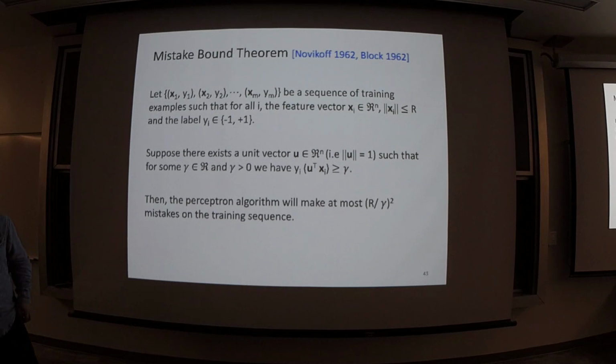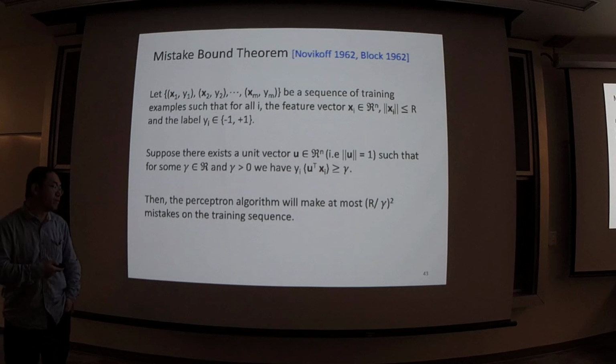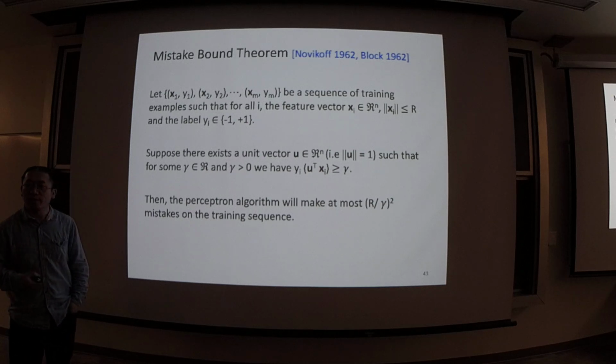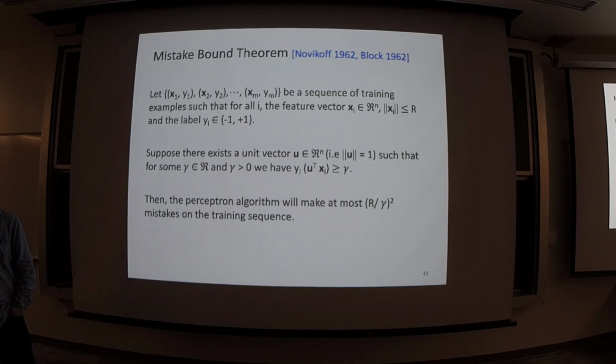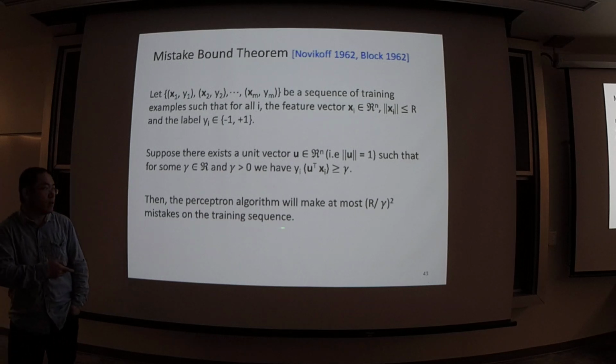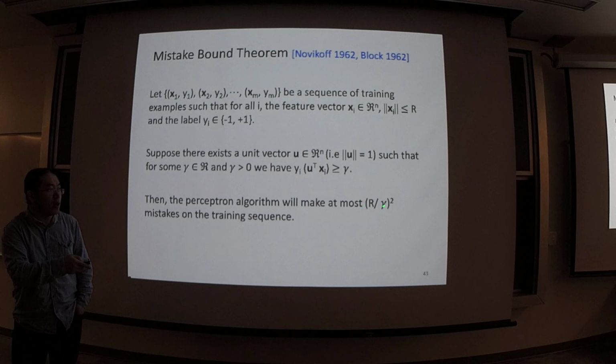Then I can claim that no matter how you run your perceptron algorithm, even if I randomly permute your training sequence and feed it into the perceptron, it will eventually result in a separating hyperplane, and the mistakes the perceptron makes are at most (R over gamma) squared.